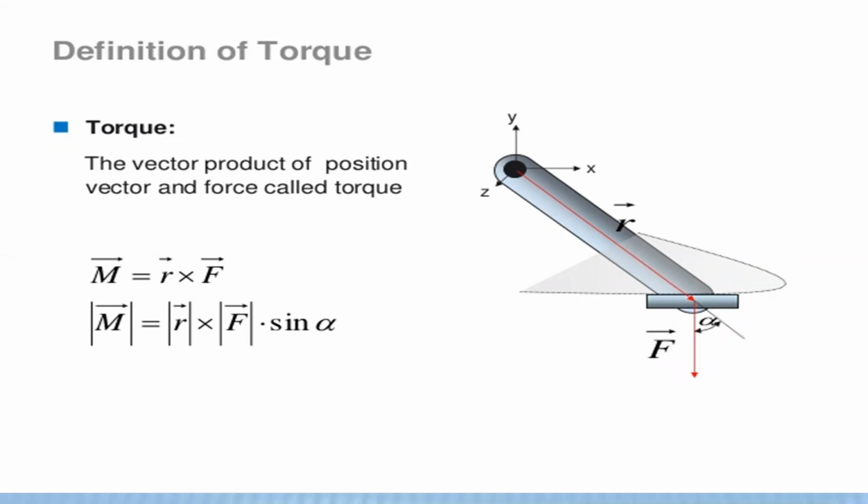The vector product of position vector and force is called torque. If the magnitude is equal to radius r into force, we can calculate the torque. Okay, the vector product. That means, whichever object I am taking, if forces are acting on that object, the object should rotate.